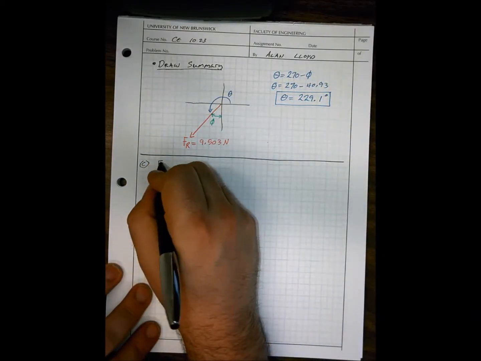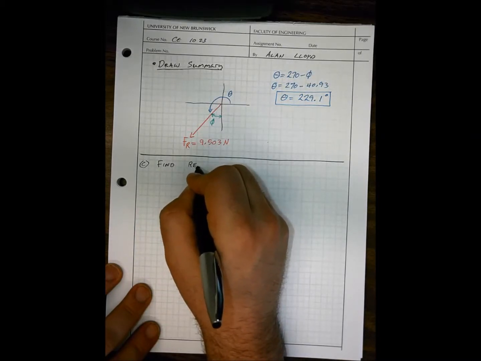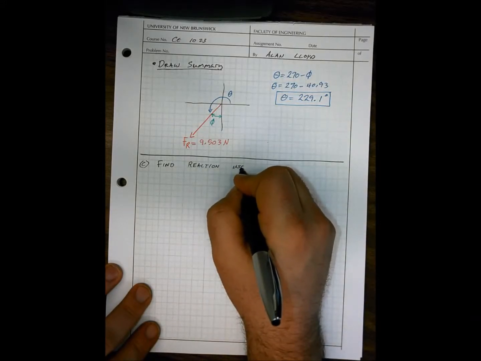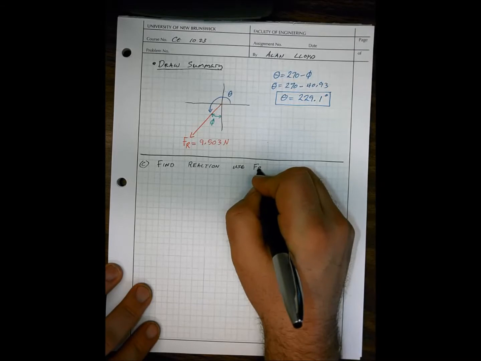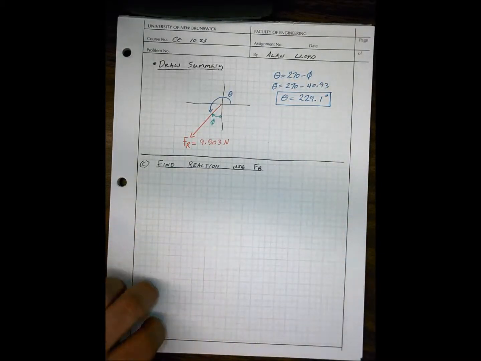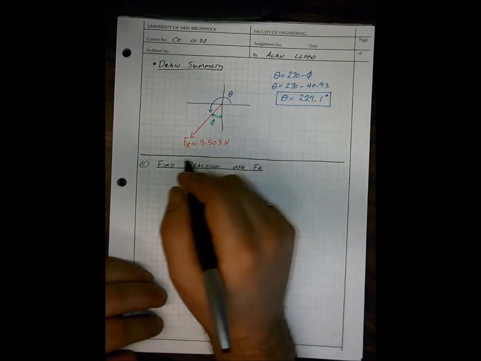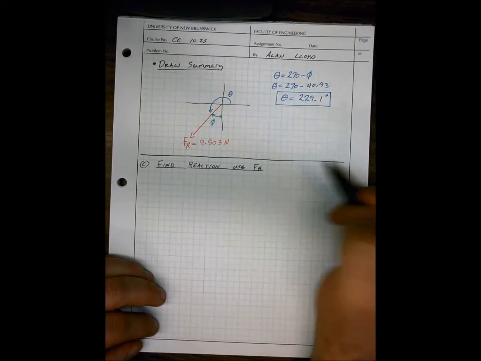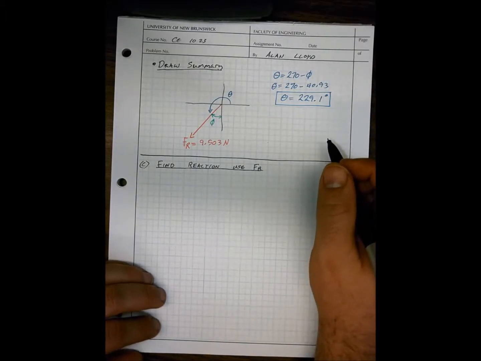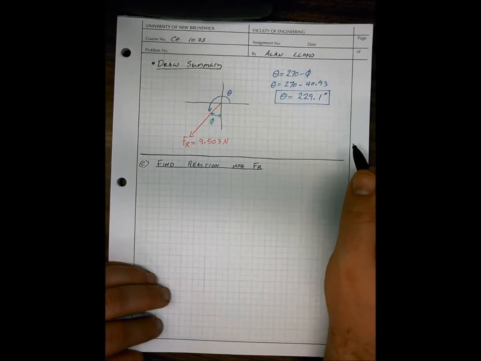We want to find a reaction using FR. In other words, let's find our reaction using our resultant force. Now, what's a resultant force? Well, the resultant force is simply the equivalent single force that would do the same as having all three of our original forces.